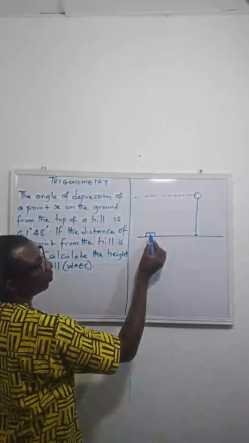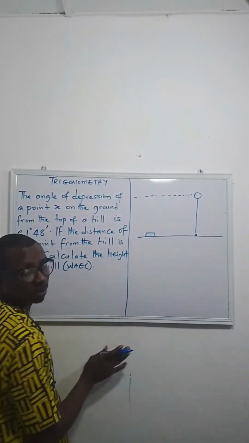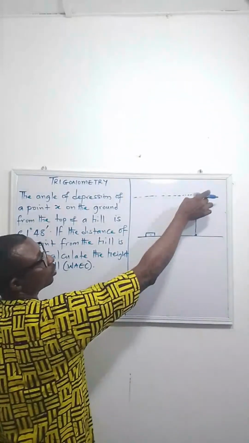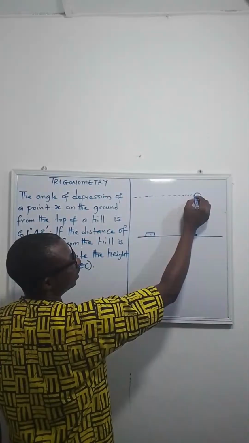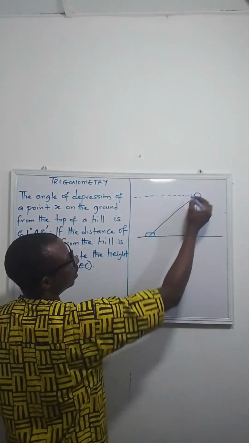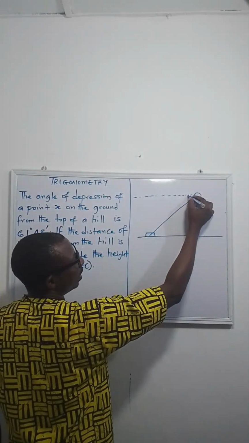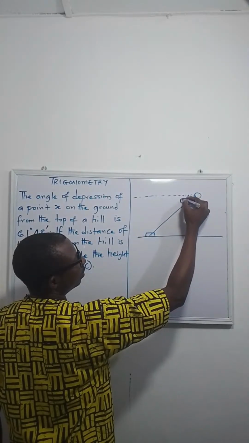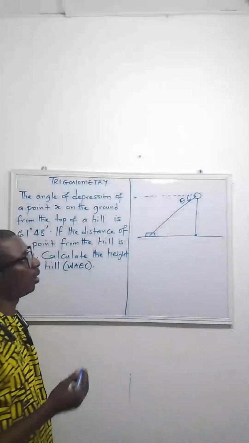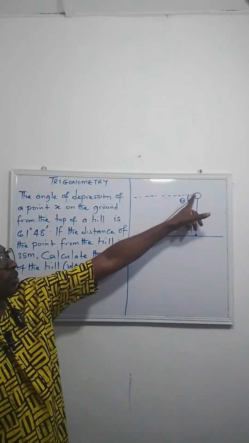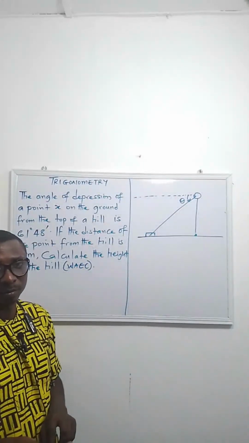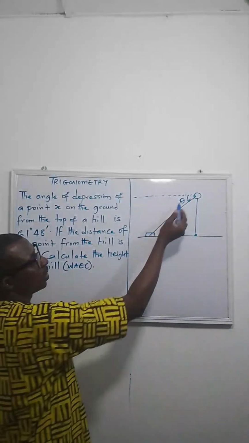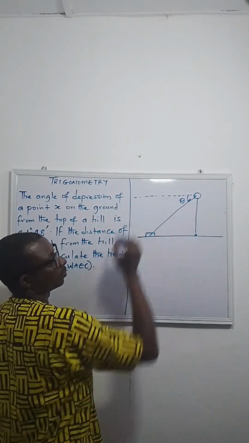If he needs to look at something on the ground below, he needs to turn his head by a particular angle. That angle that his head turns is what we call the angle of depression.